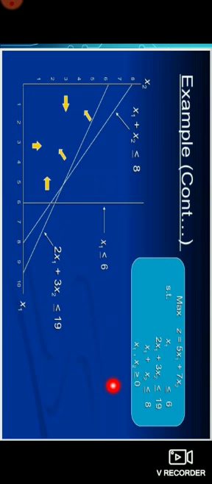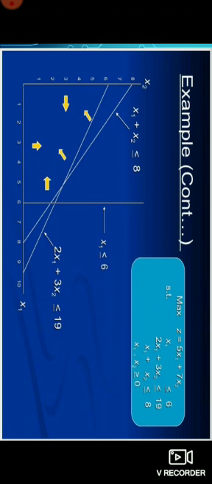The condition is x1 less than or equal to 6, that means 6 or below, this arrow points to the first constraint. For the second constraint, less than or equal to 19, the values of x1 and x2 range from 0 to some value.